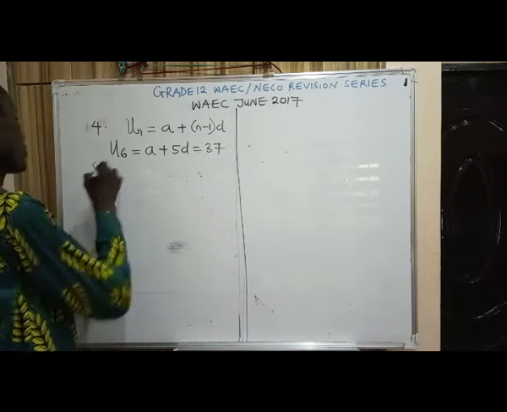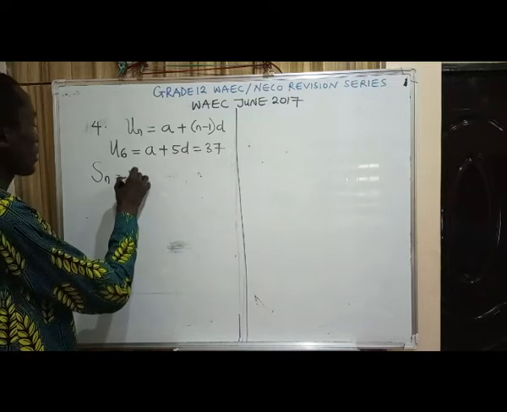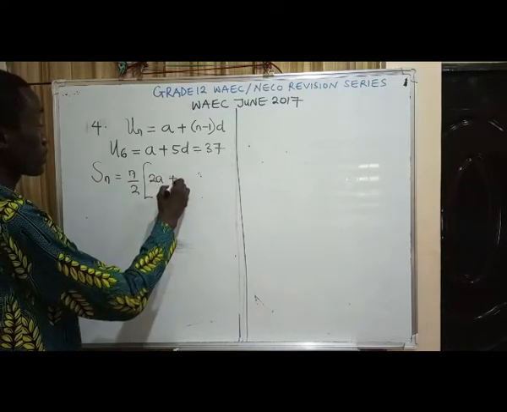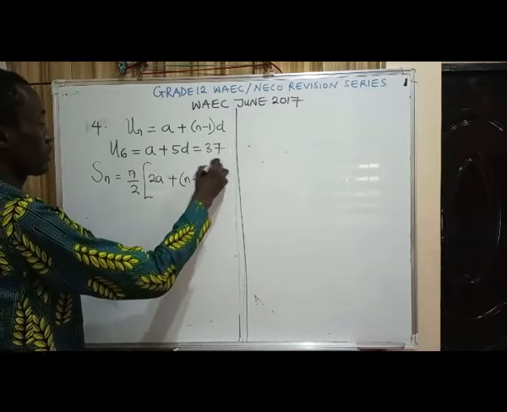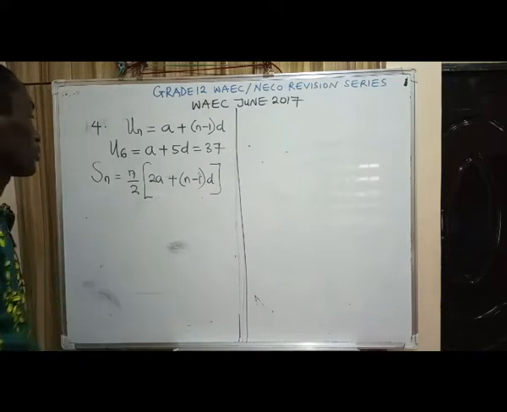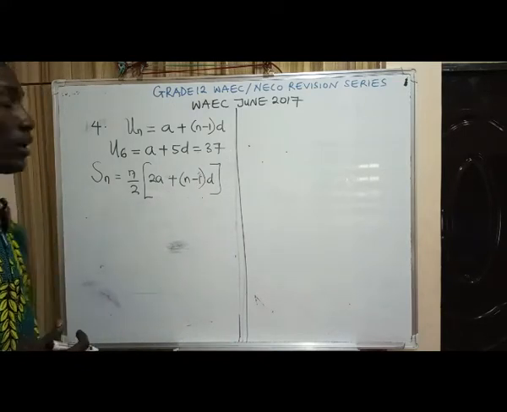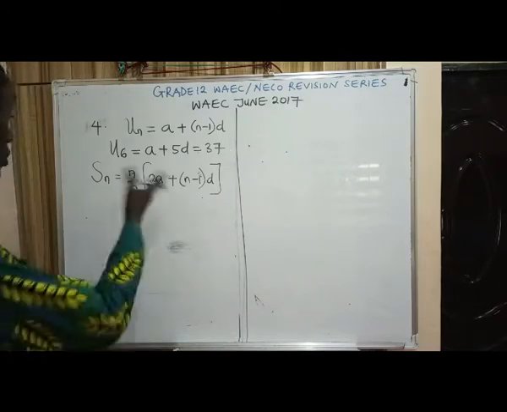For the sum of the terms, we have Sn being equal to n over 2 into 2a plus (n minus 1)d. So this is the formula for the sum of the first n terms of an AP.